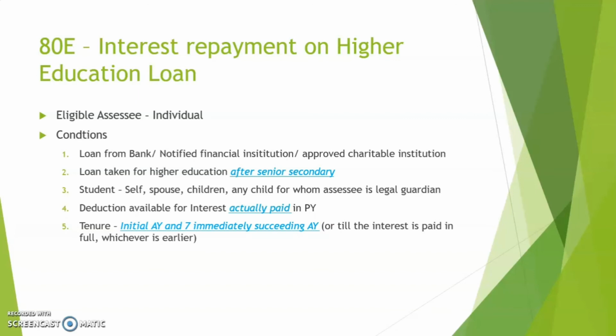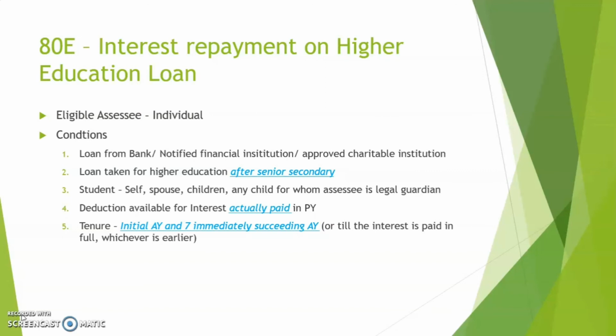So that's it about 80E, interest repayment on higher education loan. It is available for any assessee who is an individual regardless of his or her residency. The conditions are such that the loan should be taken from a bank, notified financial institution or approved charitable institution for the purpose of higher education, that is education that falls after senior secondary, and the student can be the assessee himself or herself, the spouse, the children, or any child for whom he is a legal guardian.